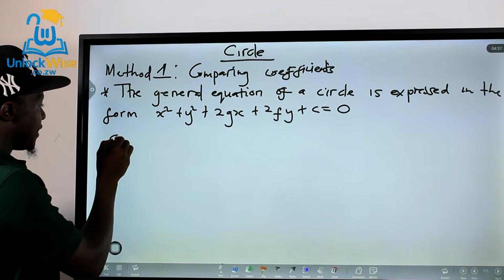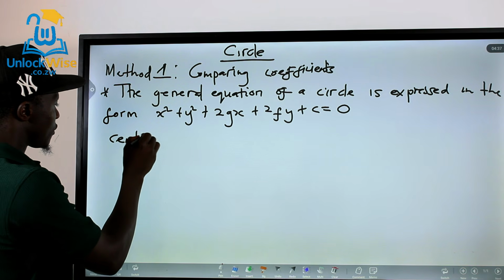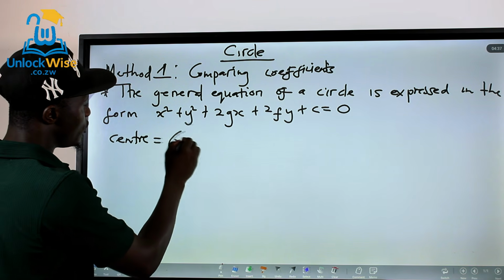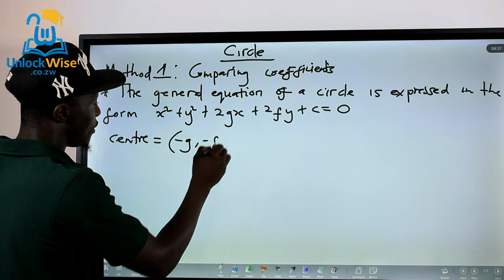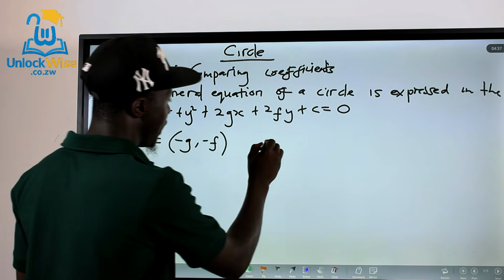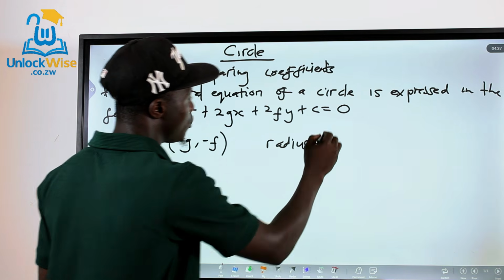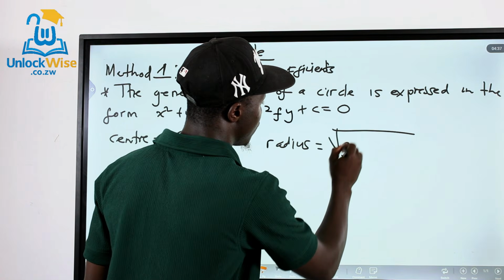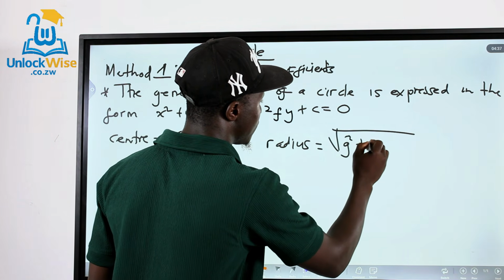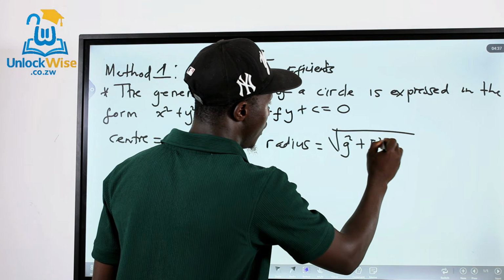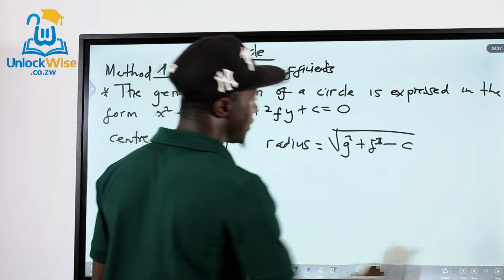So the center will be equal to minus g, minus f. And the radius will be equal to square root of g squared plus f squared minus c.